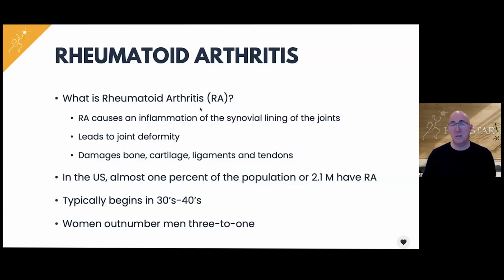Its job is to make sure that there's plenty of lubricant in that joint so that it moves easily and fluidly whenever we're putting load on it or moving it through space. Rheumatoid arthritis in particular targets that synovial tissue and causes an inflammation of it, and it actually attacks it. It starts to eat it. And this leads to problems that are deforming in nature.